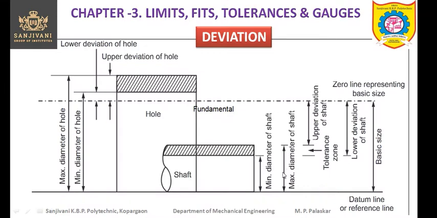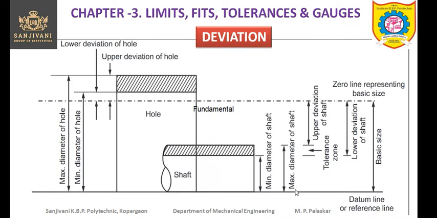Now with the help of this particular graphical representation, let us try to study the deviation. Again, this is the datum line or the reference line, and this is the zero line or the basic size line. The zero line represents the basic size.